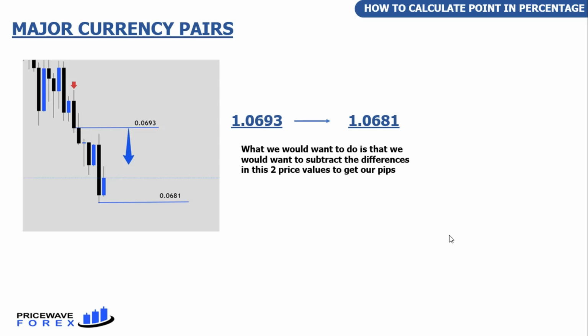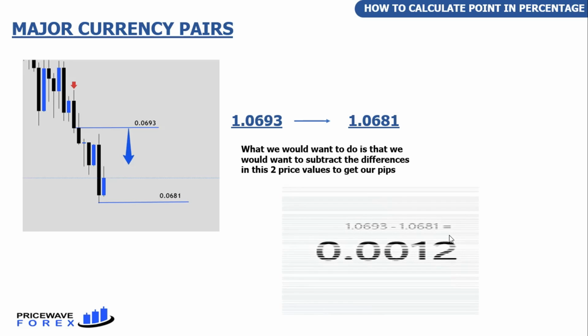Now, if I decide to sell Euro USD, and the price moved from 1.0693 to 1.0681, all I need to do is subtract the difference in these two price values to get our pips. The moment I subtract these two values, you notice that I get 12 pips.